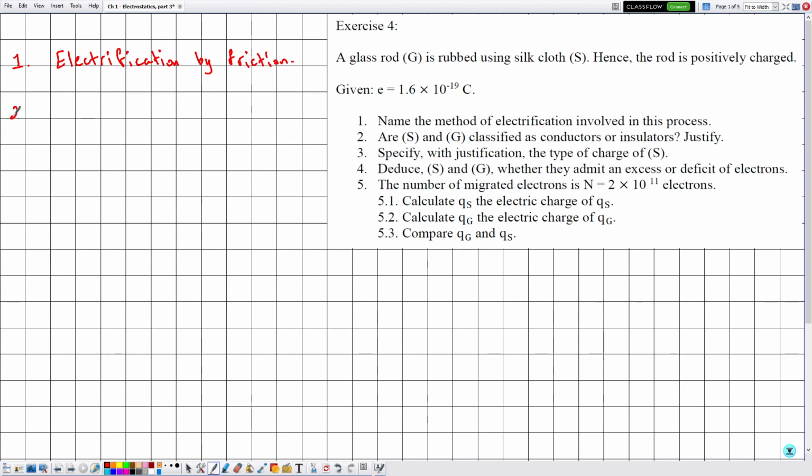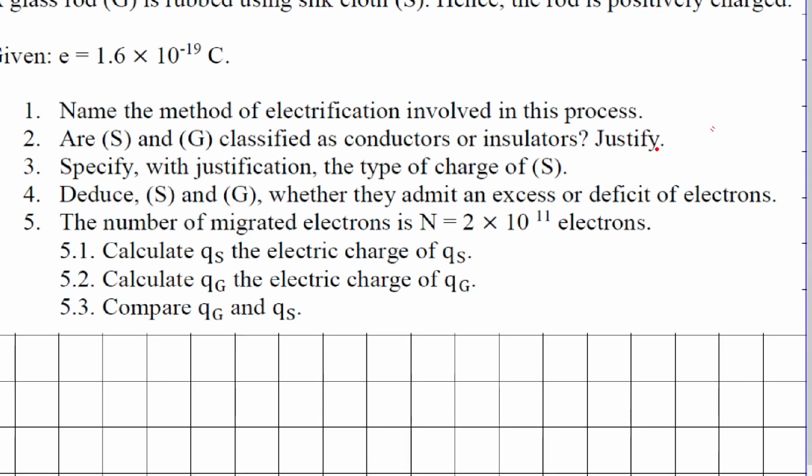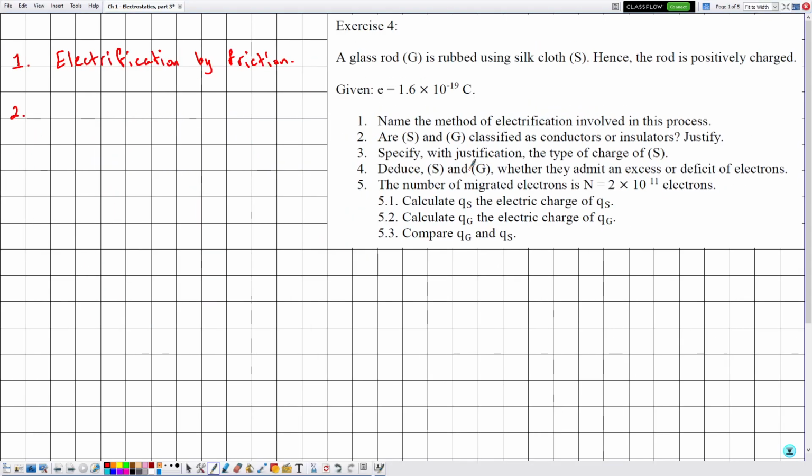Now, in number 2, they are asking whether S and G are classified as conductors or insulators, and to justify. So always in physics try to relate parts to each other. Since in number 1 the method of electrification involved is friction, and friction is only used for insulators, then these are insulators.